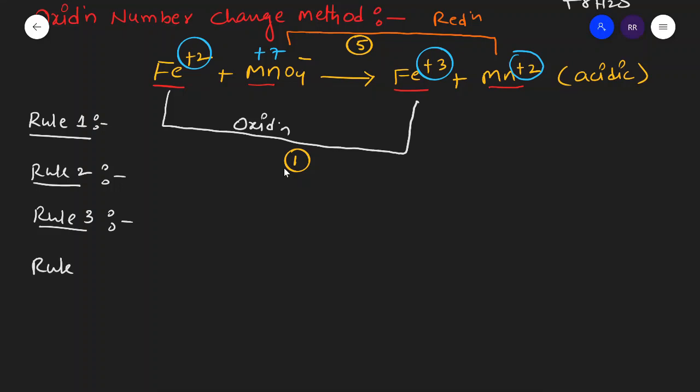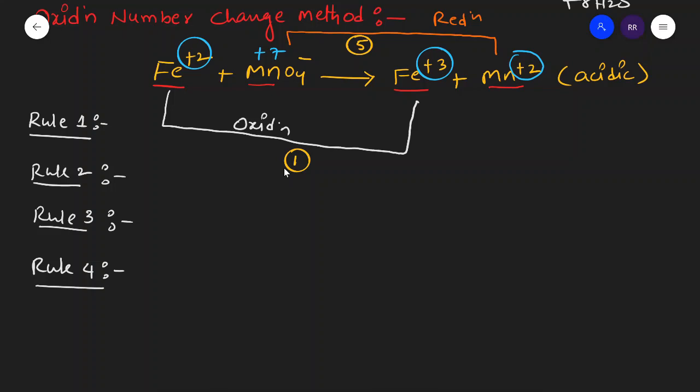Now rule 4 is that we have to insert coefficients to balance the total increase in oxidation number with the total decrease in oxidation number. For that, we need to do cross multiplication. That is, 1 should be multiplied with the reduction equation and 5 should be multiplied with the oxidation equation.